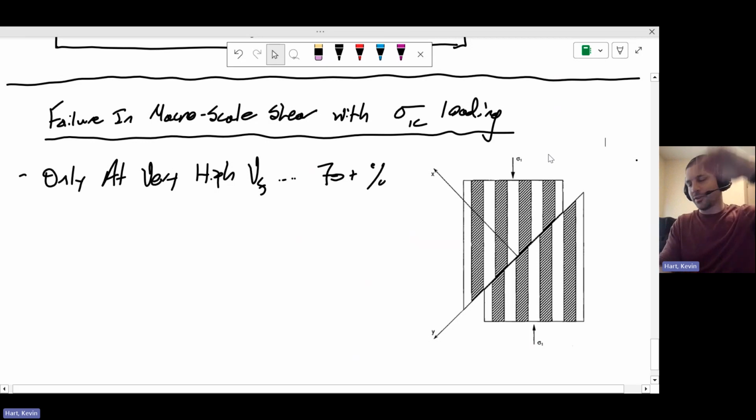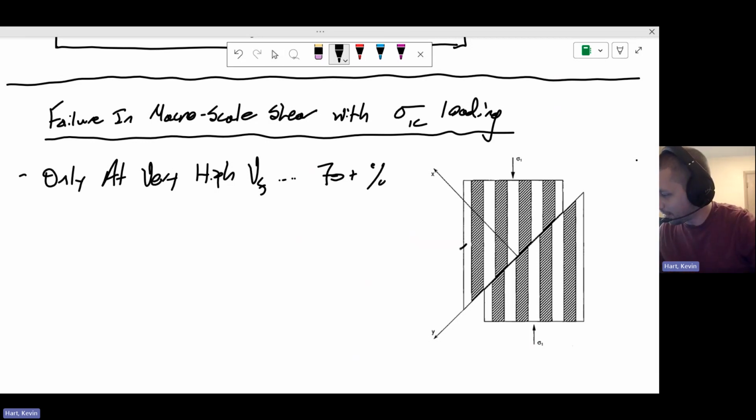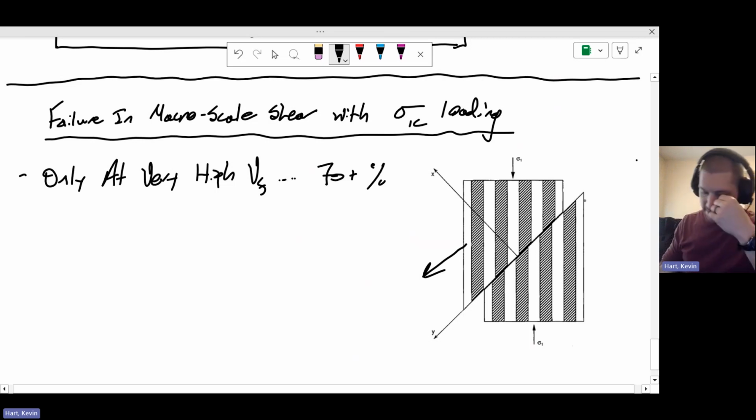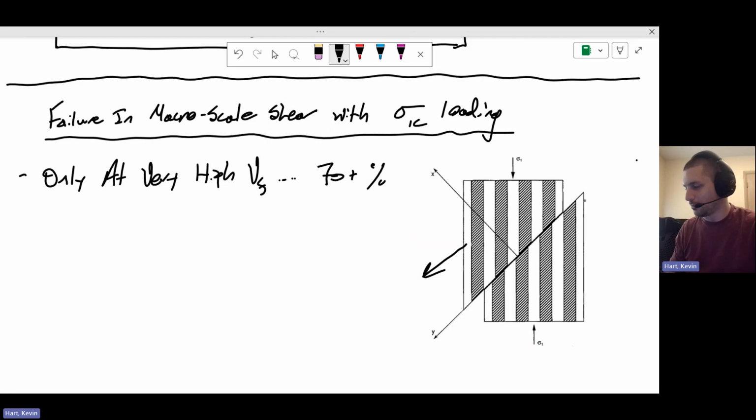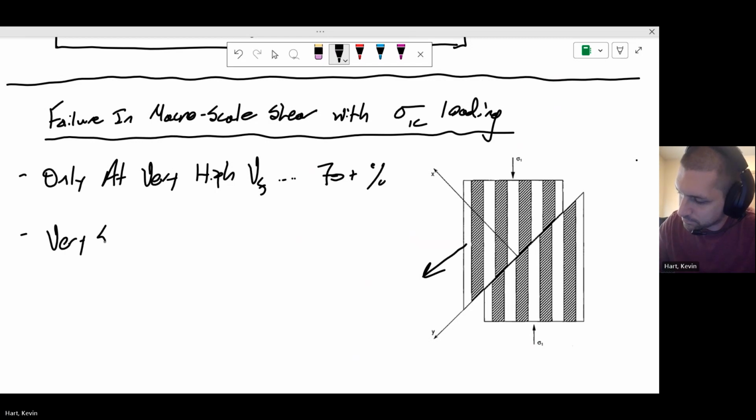Very, very high amounts of compressive loading until bang, this entire thing shifts down against itself, basically like we sliced it at a 45-degree angle, more or less. All right. That only happens at really high volume fractions. Very sudden, not a lot of precursor to this happening. And catastrophic.